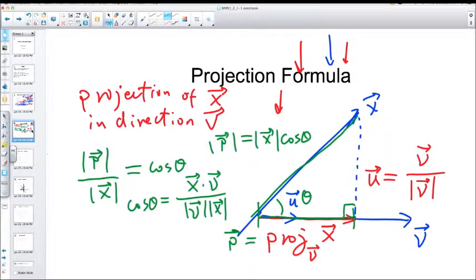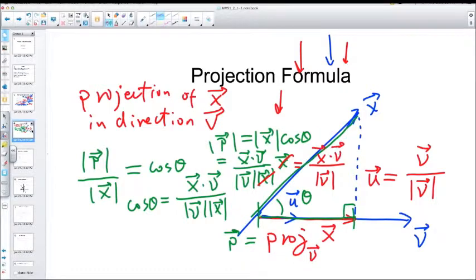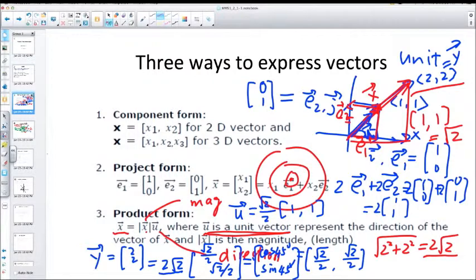We got this p length equal to this dot product times the x, and we can cancel out this x, and then that's what we get. It's going to be x dot v over the length of v. That's the magnitude. And the direction is right here.